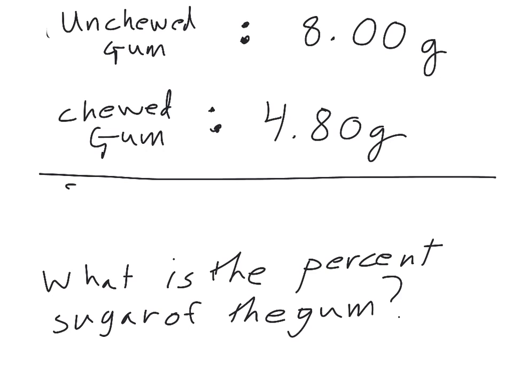Let's take a look now. To get our quantity of sugar, we subtract the 2 because the sugar disappeared into our mouth. 8 minus 4.8 equals 3.20 grams. So that's our amount of sugar.